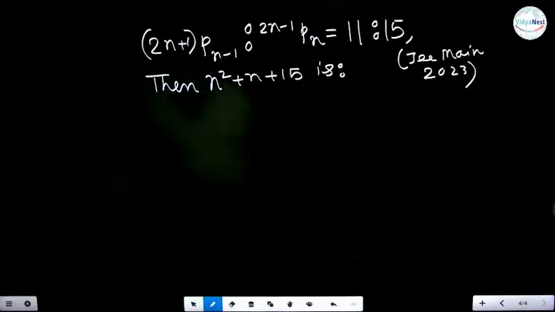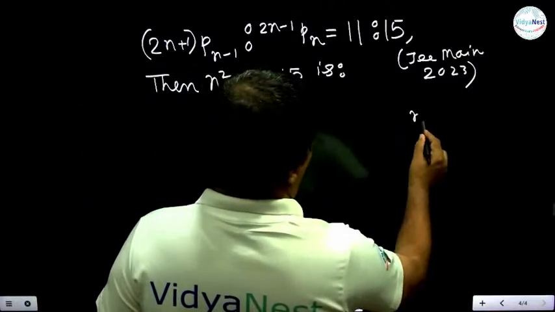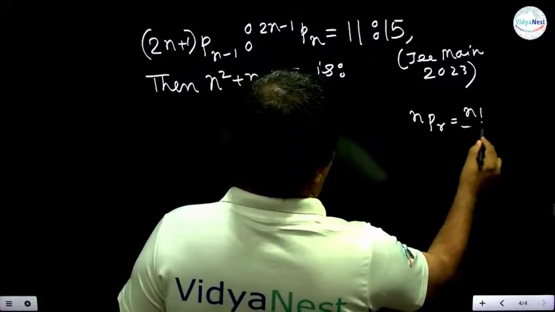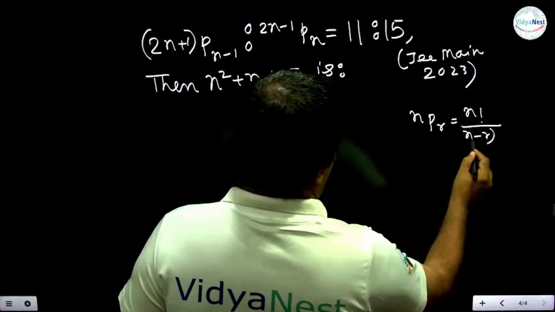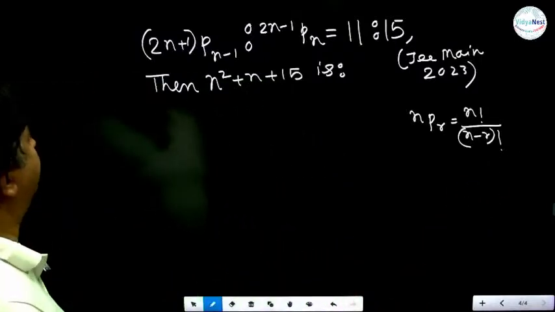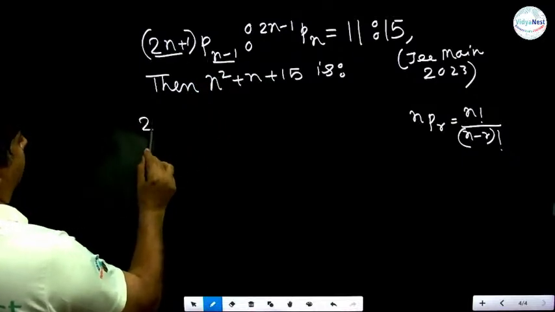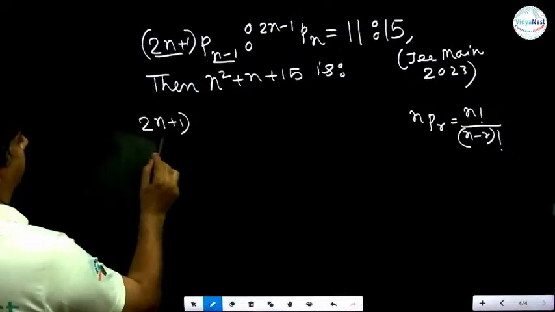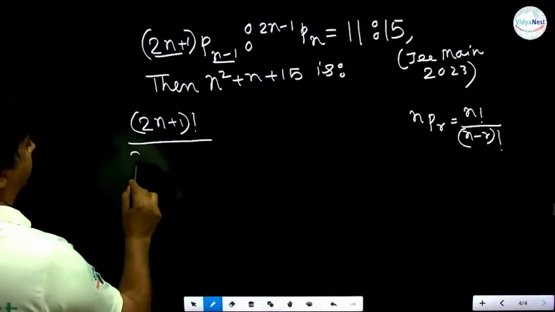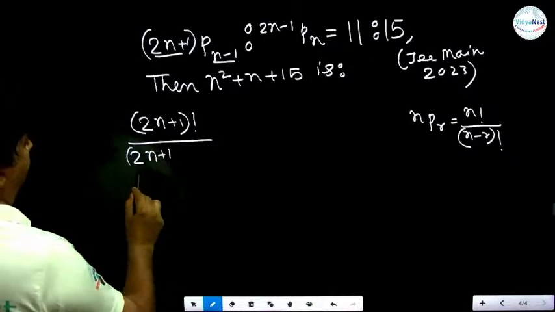Few minutes back, we have come to know that nPr is factorial n by factorial n minus r. So here we'll use that. See, nPr is factorial n by n minus r.